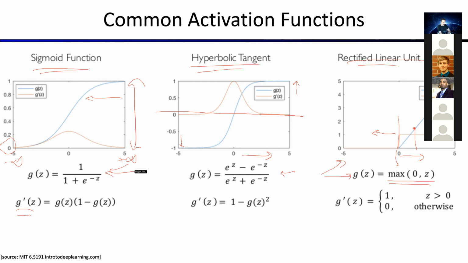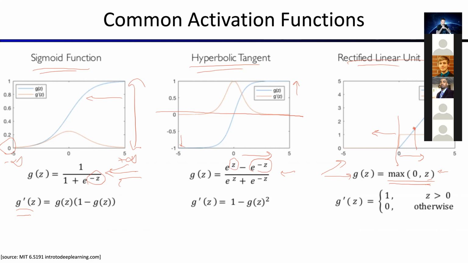In hyperbolic tangent, you need to calculate the exponential of z and e to the minus z. In sigmoid, only e to the minus z. Here, you do not need any calculation. You either switch off and use 0, or if it's positive, you use the same value. So there's no calculation, just checking whether it is positive or negative. It's an if-then kind of code.